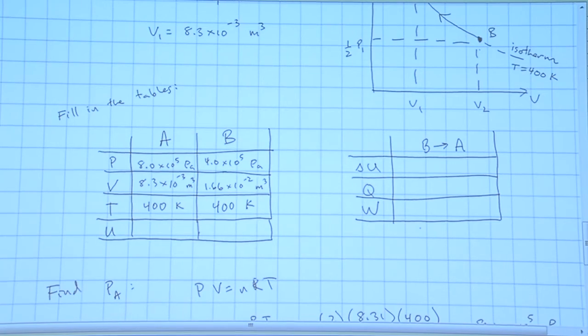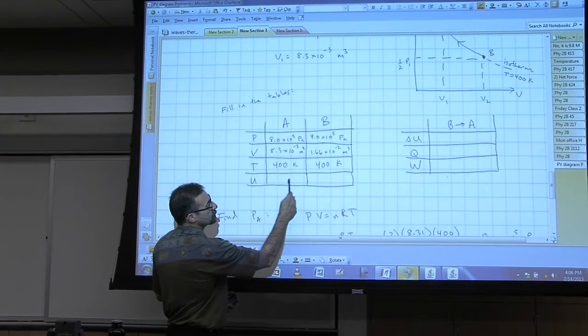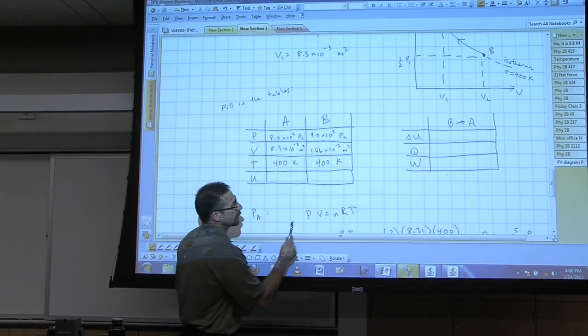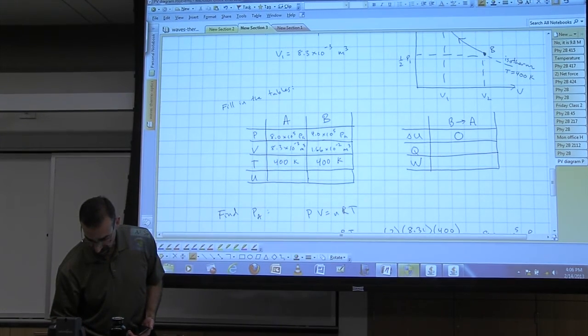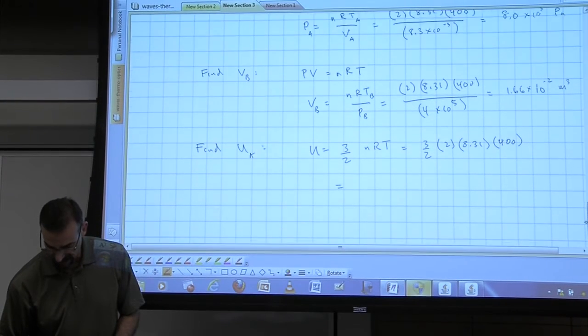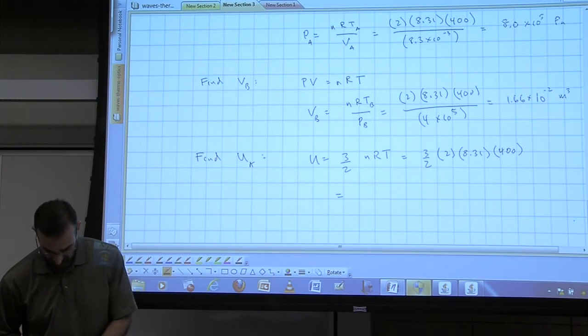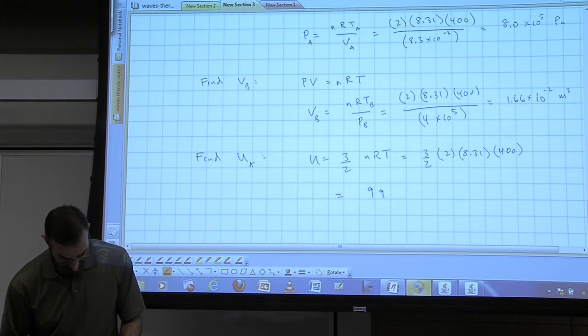And if the internal energy is only dependent on temperature, then these are going to be the same. And so my delta U is going to be 0, because the final minus the initial is going to be the same. But since I started finding it, let me go ahead and punch in my numbers. I get 9,972 joules.